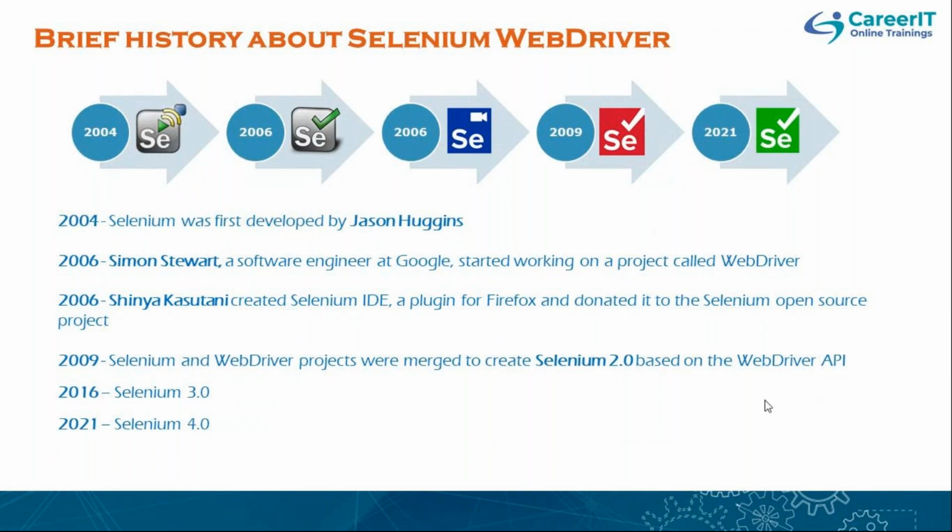Now let's see. The first year Selenium came into the market was 2004, guys. In 2004, we had an initial version of Selenium in the market, and it was developed by a person called Jason Huggins. He was working for a company called ThoughtWorks, and as part of that company, they released Selenium as an open source tool.